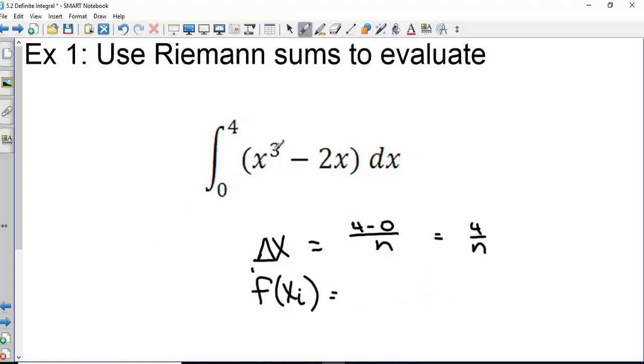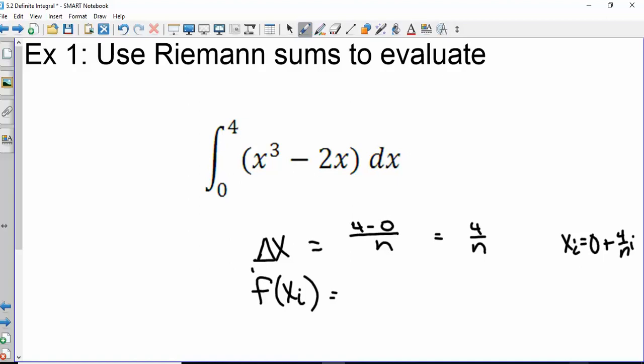Four over n. First, let me write out x sub i, our starting point, which is 0, plus the change in x, 4 over n, times i. That would just simplify into 4 over n times i, right?